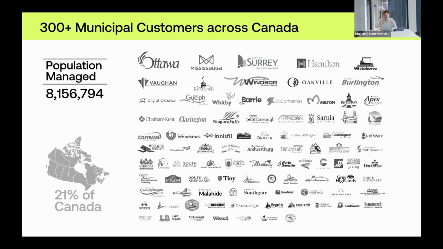We're essentially at the point where the number of municipalities that use our tool represents about 21% of Canada's population, which is a fun achievement for us. It's only been a couple of years. We launched the tool in 2022, so a pretty rapid adoption across government, which can be challenging to get into.